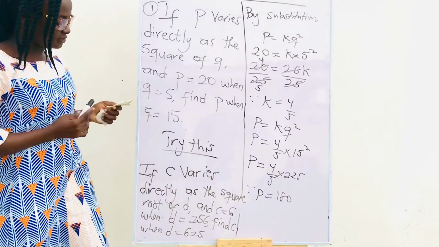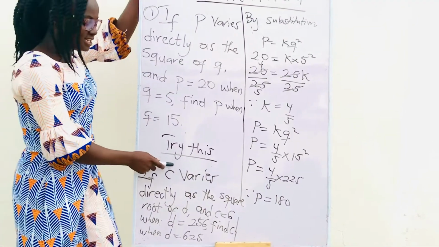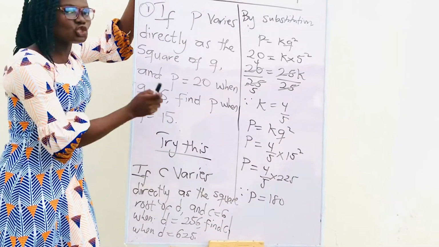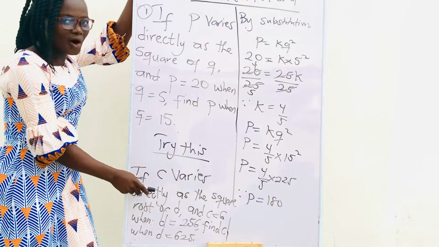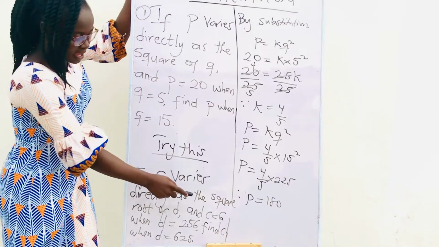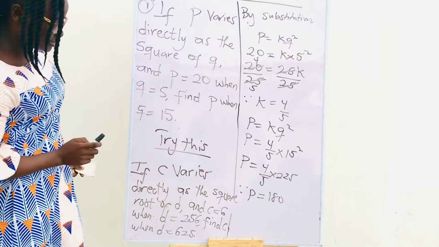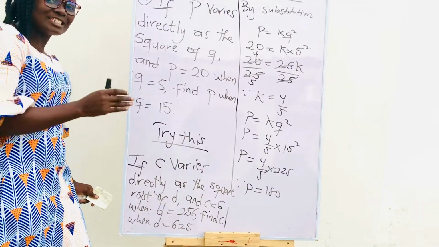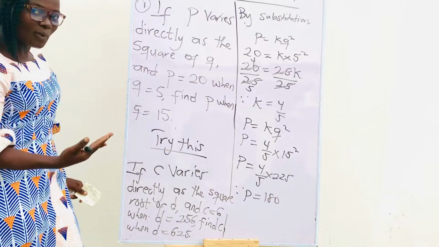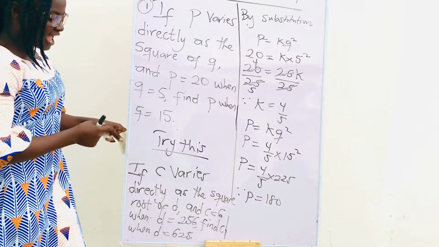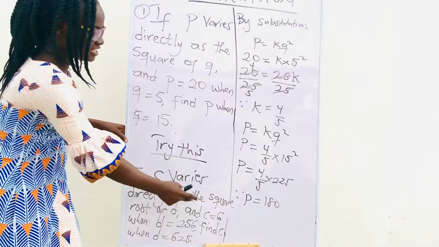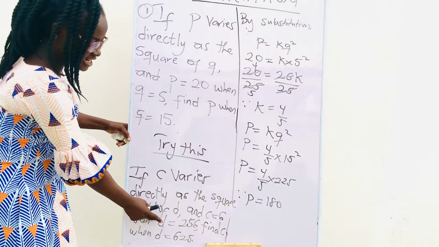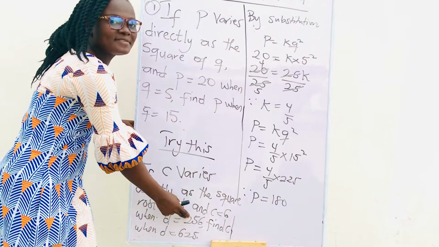This is our question. If c varies directly as the square root of d. Good. So when you reach here, you pause and you write the mathematical statement for this. Afterwards, you now look at the question. And c is equal to 6 when d is 256.